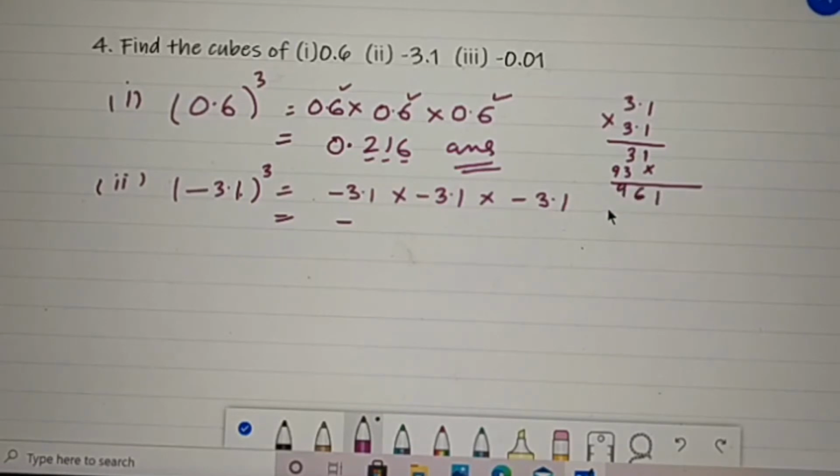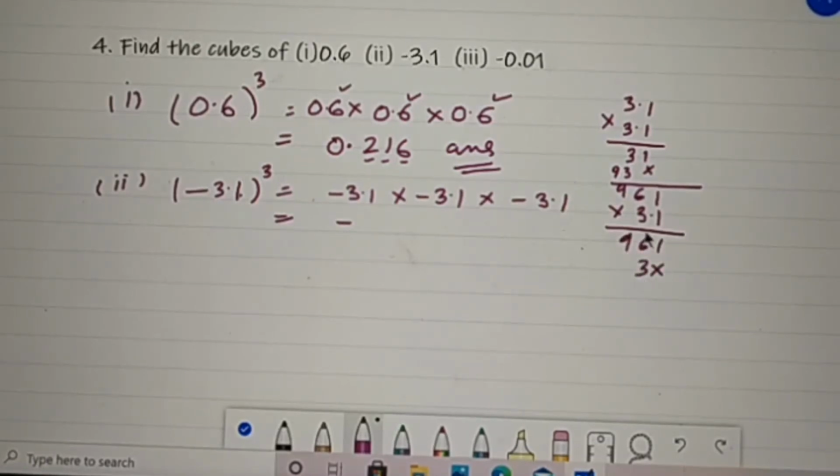This is 961. And again we multiply this by 3.1. Then cross the place, 3 ones are 3, 3 sixes are 18, 9 threes are 27 and 1 is 28. So we add: 9, 8, 8, 16, 9, 17, carry 1, 8, 1 is 9, and this is 2. So 29,791 is the multiplication.